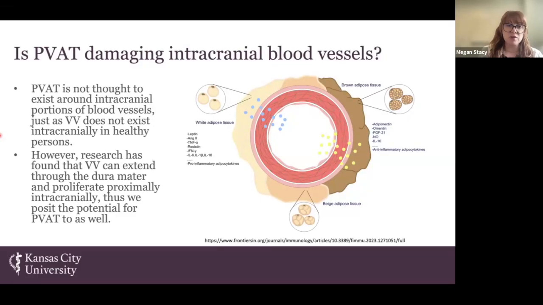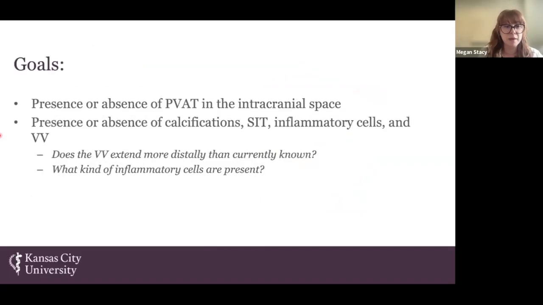However, in unhealthy persons with metabolic disease, there are many studies that have found vasa vasorum expanding through the dura mater into the intracranial space. So I was just curious if perivascular adipose tissue could be doing the same thing. That was one of the goals of the study.